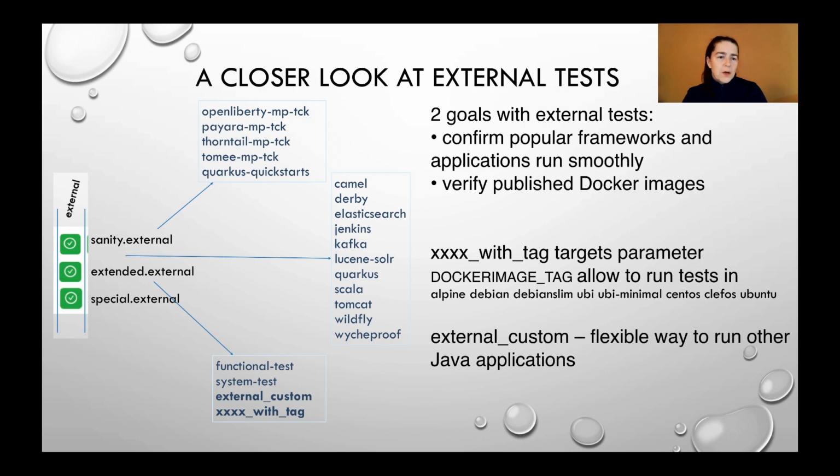We're talking about a lot of the MicroProfile TCKs on the various providers. We're talking about some Quarkus quick start tests here in that sanity group. In extended external, this includes a lot of large Java applications. We run their functional suites as part of our AQA program.